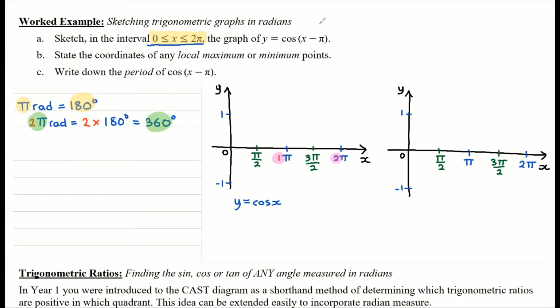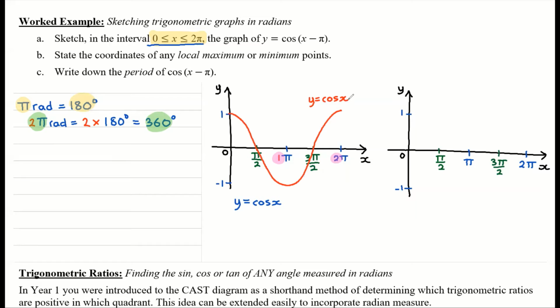The cosine graph, as you know, begins at 1 and passes through pi over 2. Let's do this as carefully as I can. There's a minimum at pi, -1, back up through 3 pi over 2, and then a maximum again at 2 pi, 1. So this is y equals cos x, where x is given in radians.